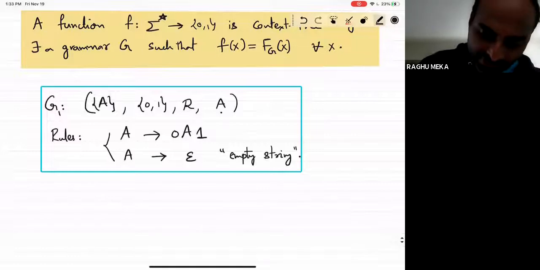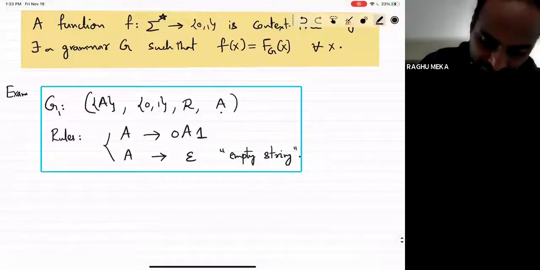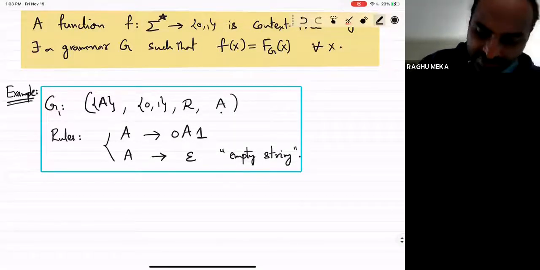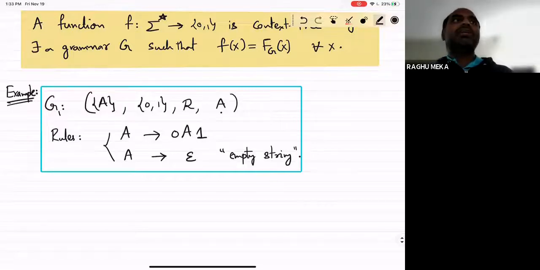Okay, so let's do an example. So we have this grammar. What is the language computed by this grammar?